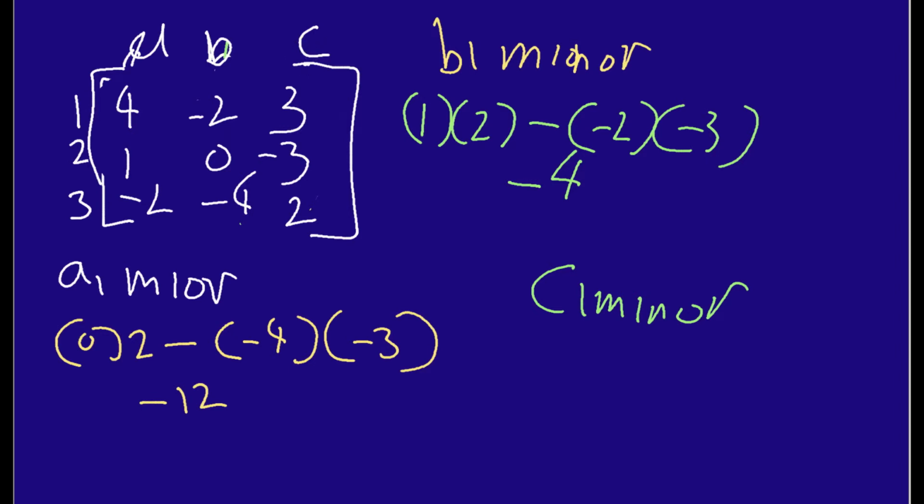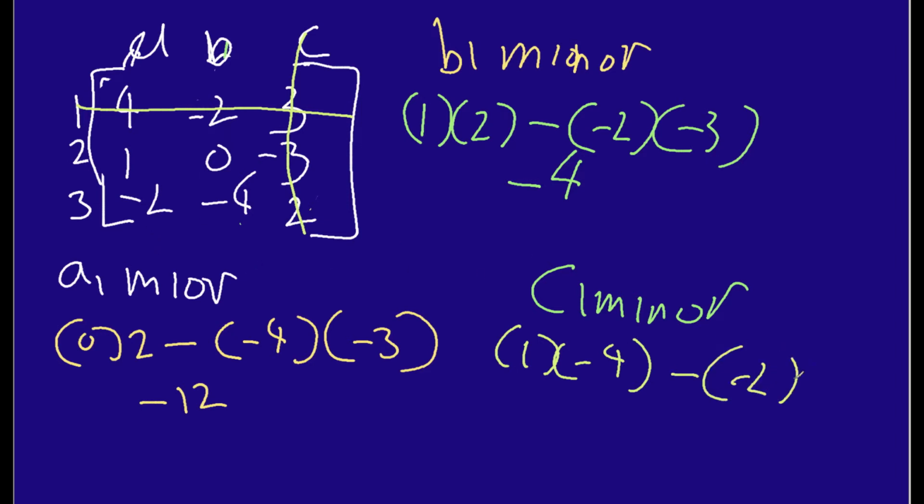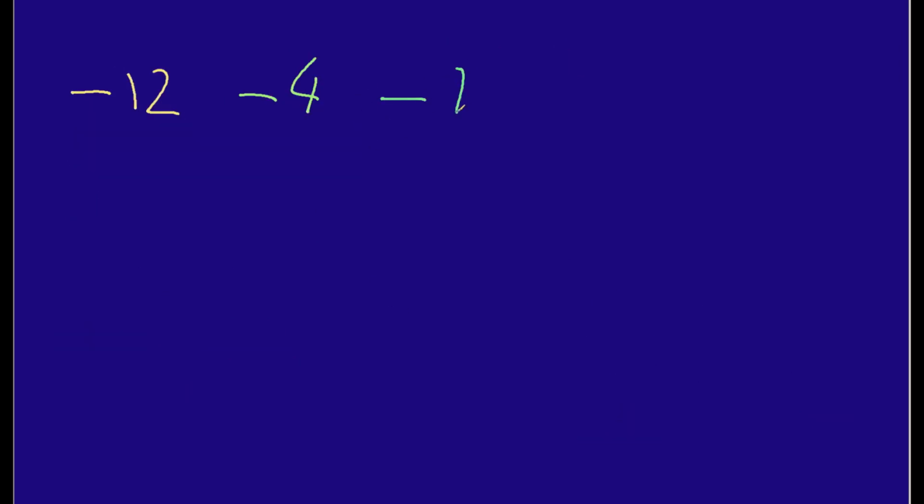So we're going to cross off column C, cross off row 1, and now we're left with 1 times negative 4, minus negative 2 times 0. You can probably already tell what the answer is. Not that complicated. It's going to be negative 4. So I'm going to go ahead and put that on my next slide. Negative 4.